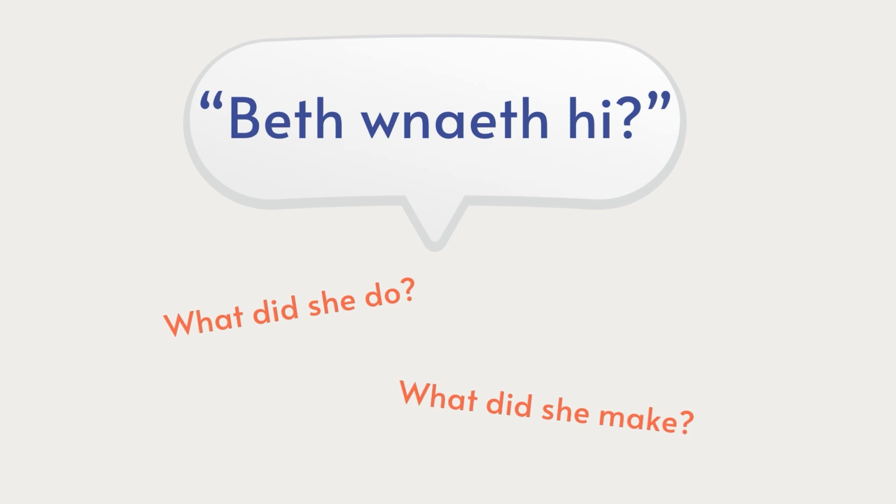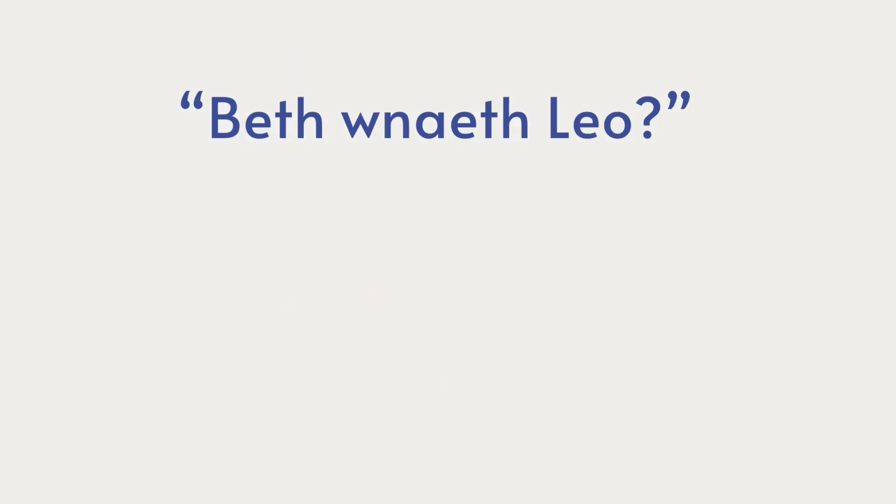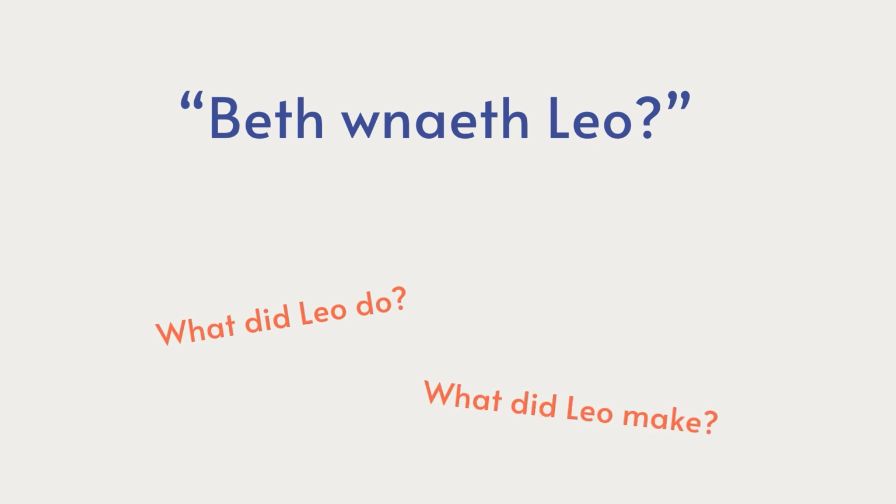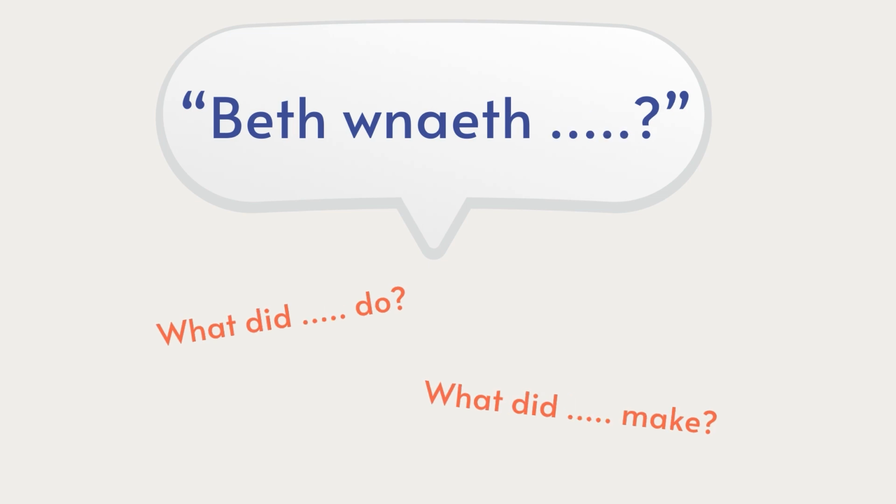You try it. Beth wnaeth hi? Beth wnaeth Leo means what did Leo do or what did Leo make? You try it. Beth wnaeth Leo? Of course, with this question, you can change Leo for any person's name.